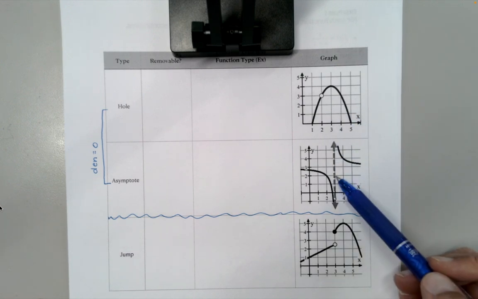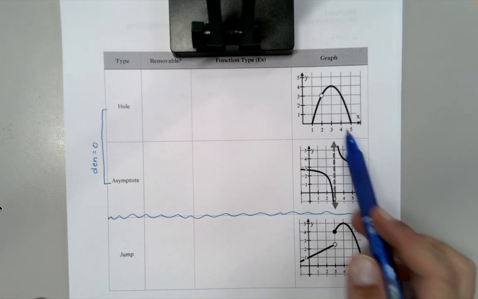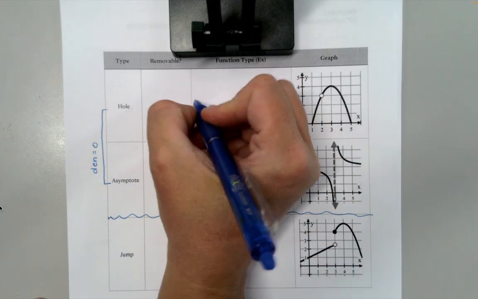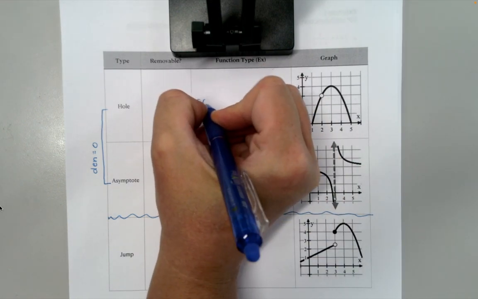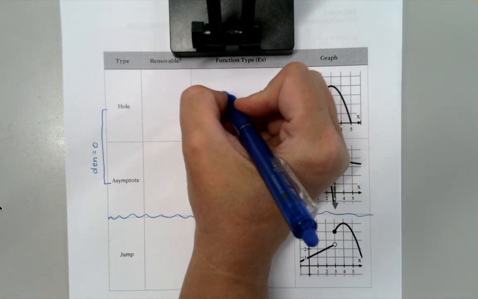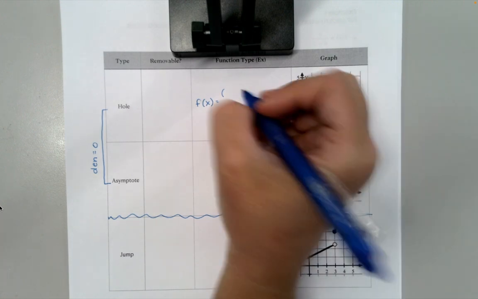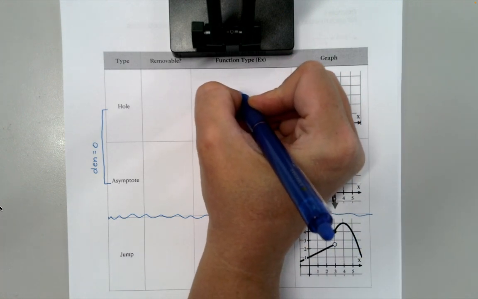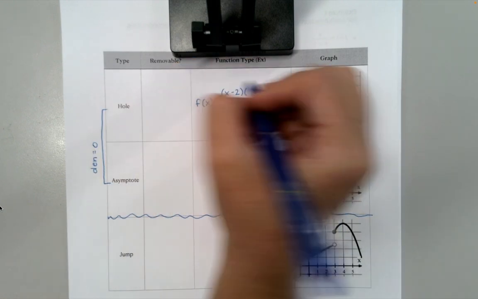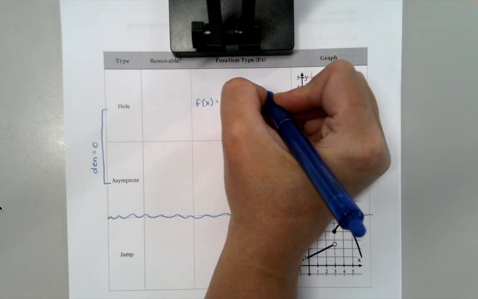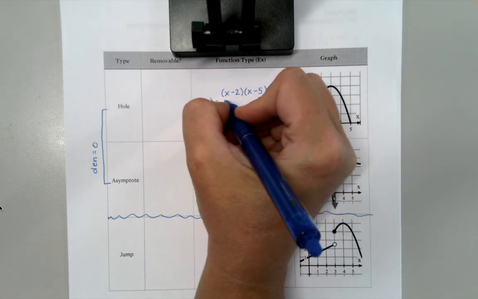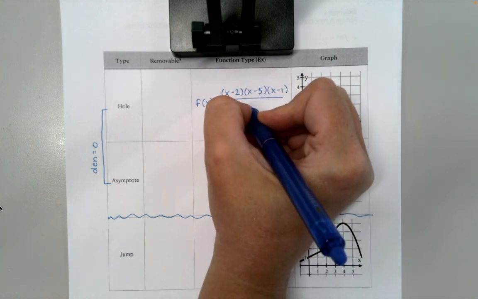I didn't create these graphs, but I'm going to try to write equations that line up with what the graph actually looks like. So if I were to graph this function, let's say x minus 2 times x minus 5 and x minus 1, all over x minus 2.